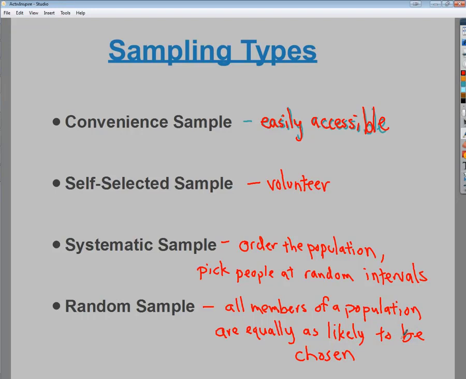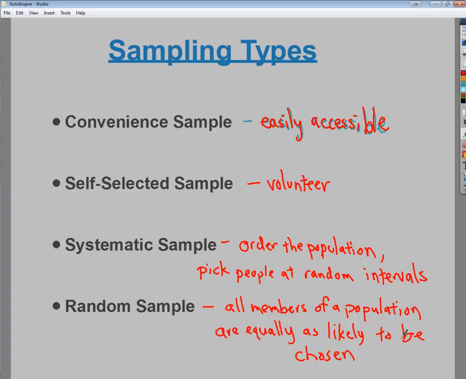Now, a countrywide sort of random sample is very unlikely. You're going to pick from certain things. I mean, you can't get everybody. But if we're in our school scenario, for instance, if you just put all the kids' names in, no matter what grade they're in, and you pick 50 of them out, you shake it up each time and whatever, it's a random sample. So it's possible to do it if the population is small enough and make it legitimate.